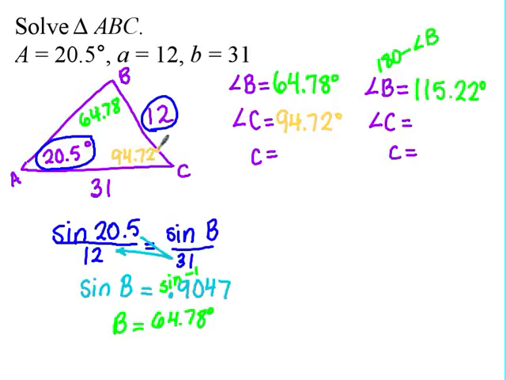Now I need to solve and find what side C is. To find side C, I'm going to use the angle-side combination from the first. That's going to equal what to find side C? Sine of 94.72 over C. So in this case, you're going to multiply and then divide.